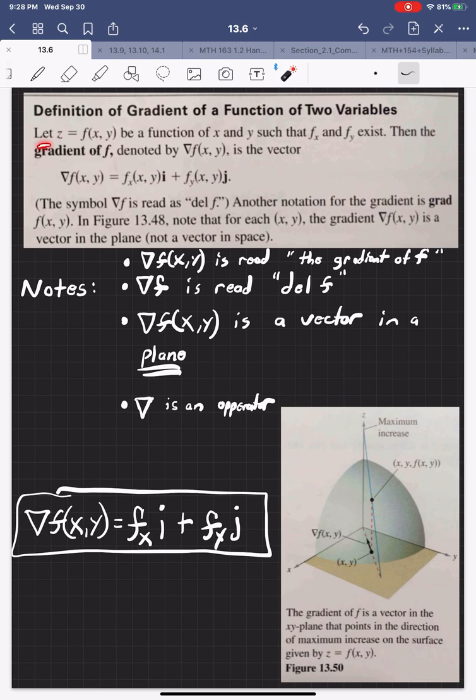You have some multivariable function of x and y such that the partials with respect to x and y exist. So the partials must exist, and we have a multivariable function of x and y. Then the gradient of f is the following vector.